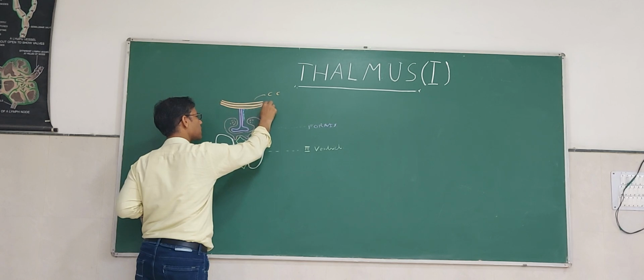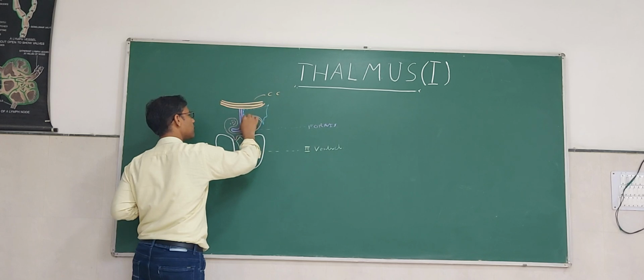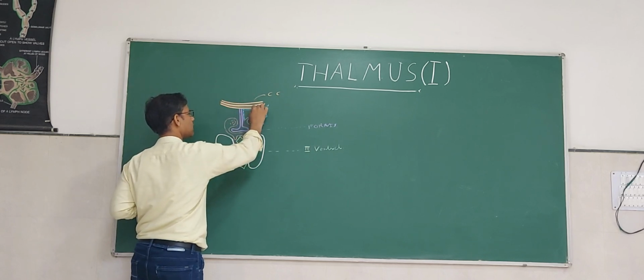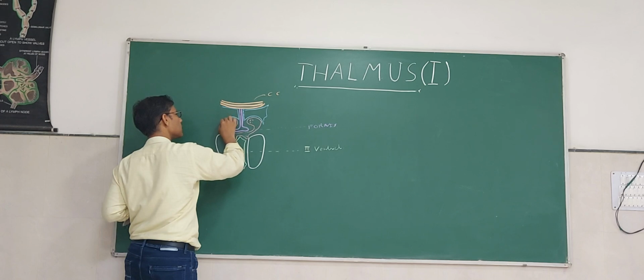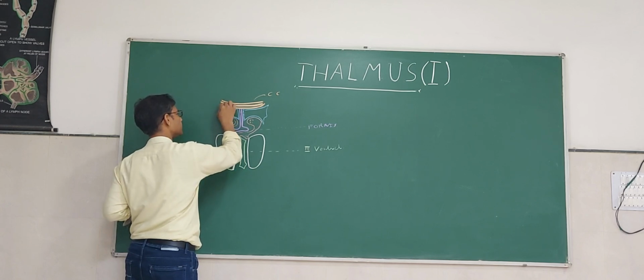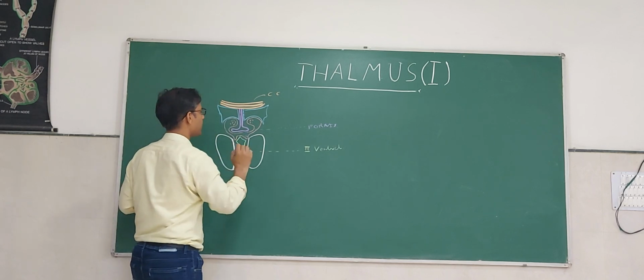Here is one groove, a second one, going below, and this is the lateral ventricle, just below the corpus callosum.